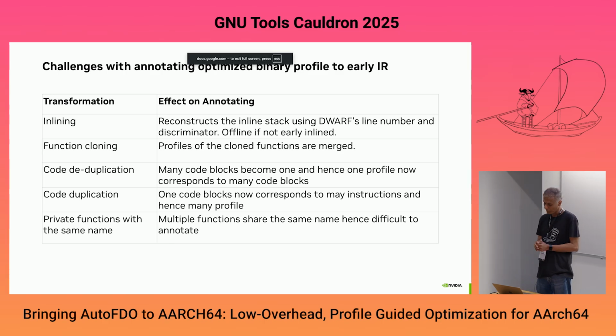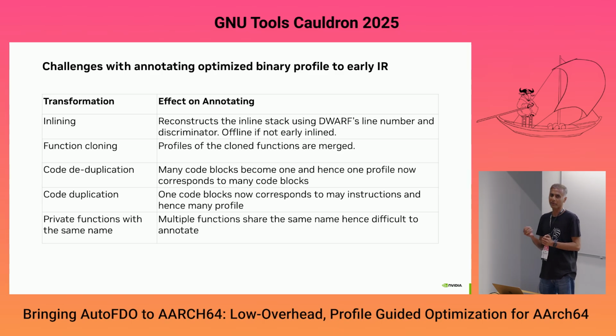But code duplication and code deduplication is a challenge that we don't handle right now. Things like ICF, identical code folding, might create one function from two or many, and that gets profiled as one. And we don't currently propagate that back to the original functions.